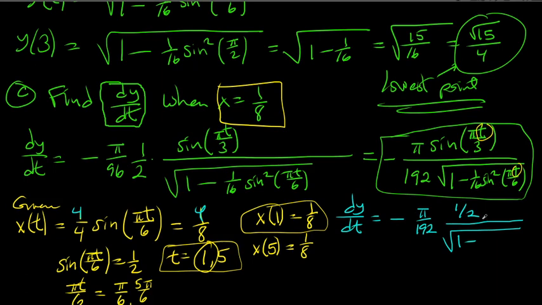Sine of pi over 3 is not 1/2. Sine of pi over 3 is square root of 3 over 2. Sine of pi over 6 is 1/2. 1/2 squared is 1/4, so this is 1 minus 1 over 64.